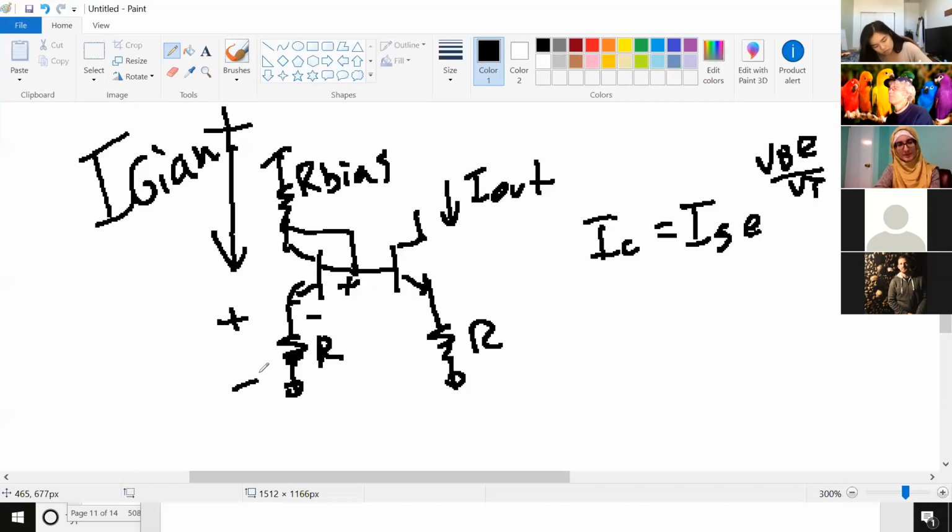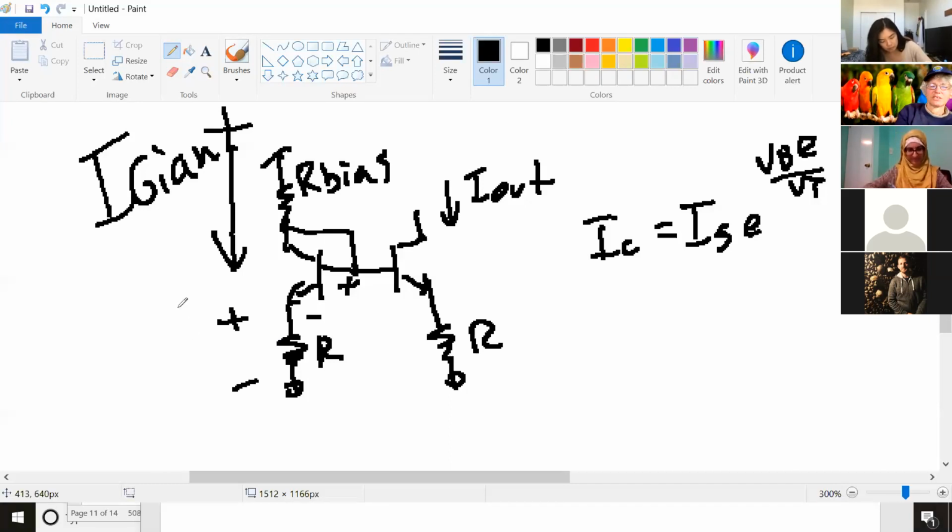Oh, I was thinking of our bias, but that's true. If you have too much current, then that's going to drop your base voltage. That's true. How does this one work? How's this one down at the bottom work? It increases the emitter voltage, so VBE.